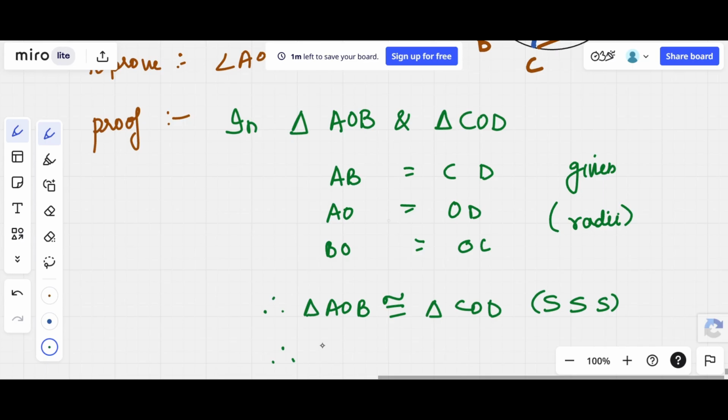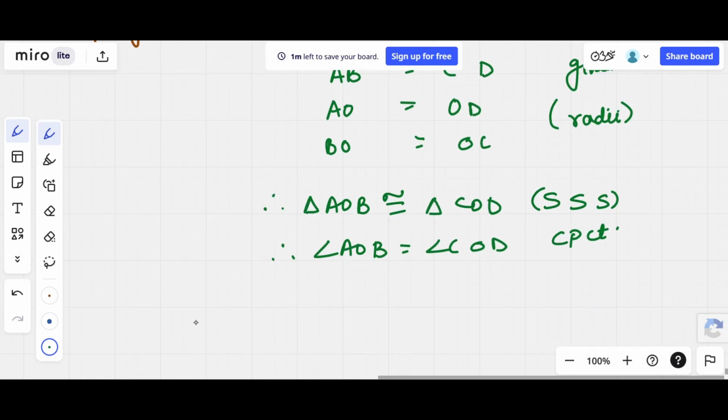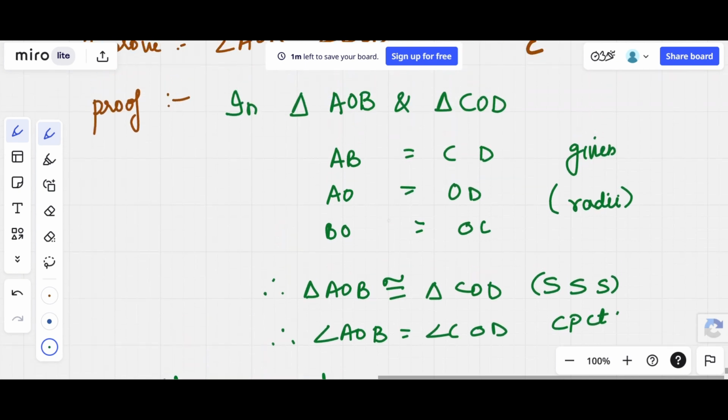By CPCT, angle AOB is equal to angle COD. Very good. So we proved, right? Hence proved. Theorem proving comes, okay? So this is the first theorem which is proved. Write it down.